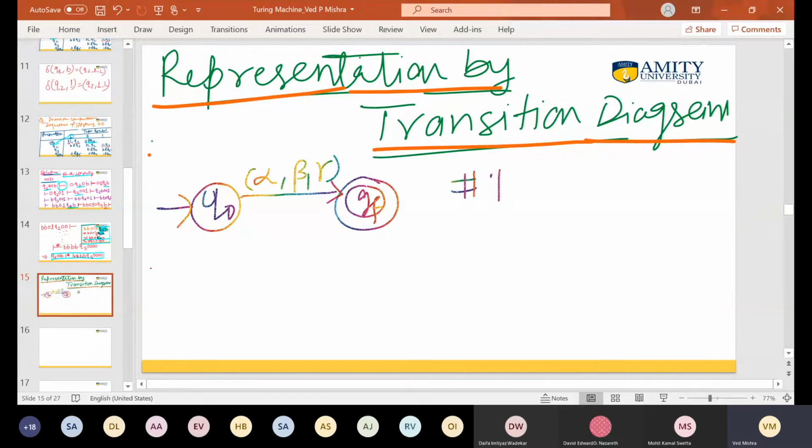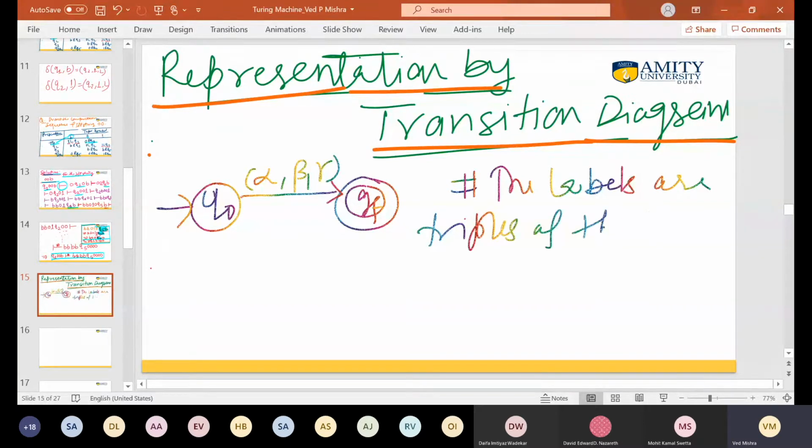So you will write the labels as triples of the form alpha, beta, gamma. Now what are alpha and beta here?